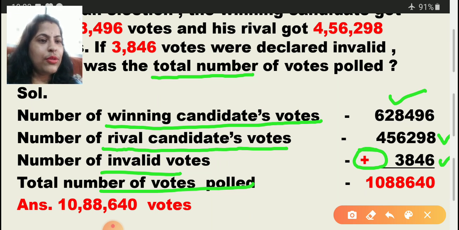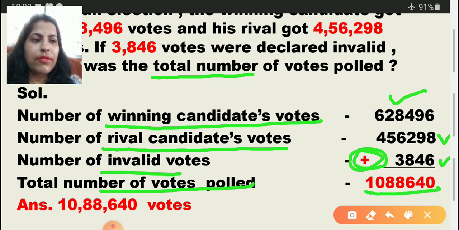Yes, we have used plus here. Now do the addition and get the answer. Now the last statement you have to write by giving the commas in the answer with the proper word, that is votes. So the correct answer is 10,88,640 votes.